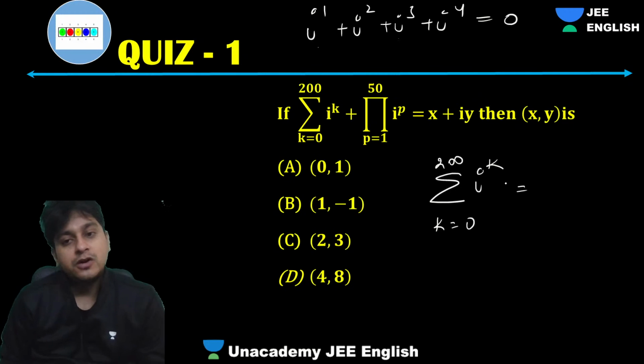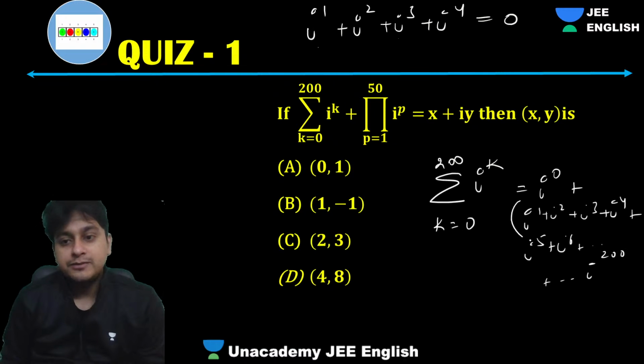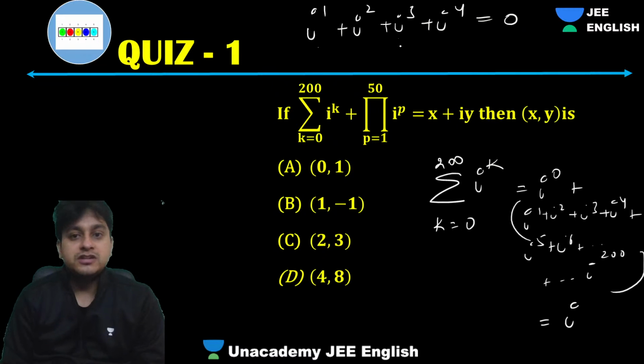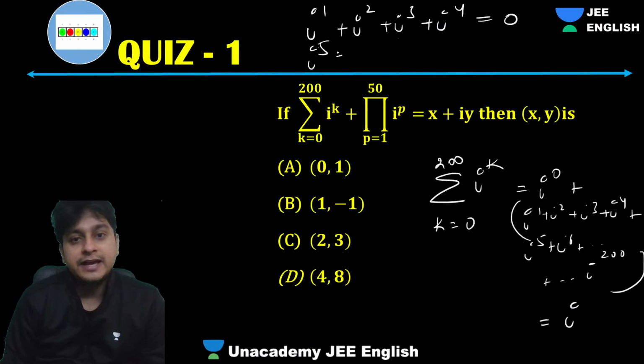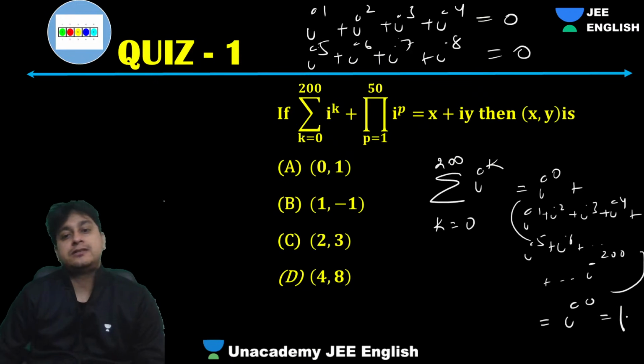So we write i power 0, plus i power 1, i power 2, i power 3, i power 4, then i power 5, i power 6, and so on, until i power 200. From here to here will be 0. We'll be only left with i power 0, because everything will be repeating, it's periodic. So it will be simply i power 0, which is 1. So this value is 1.